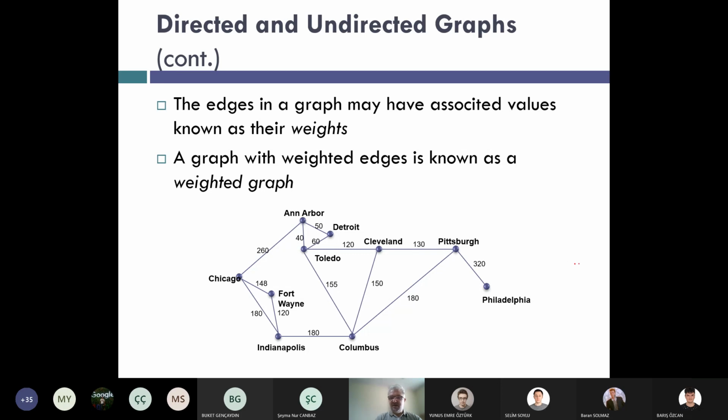So this graph is a weighted graph since each edge has a weight, and this graph is an undirected graph since edges are undirected. Okay.